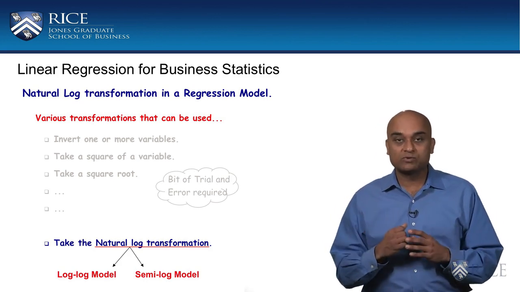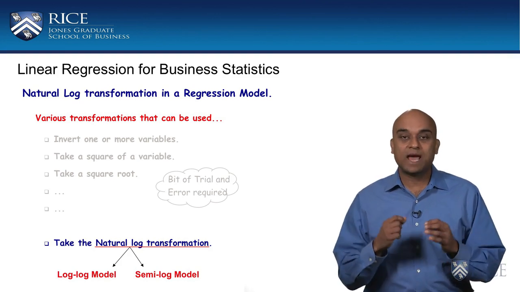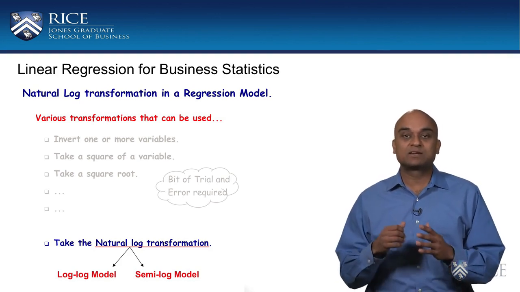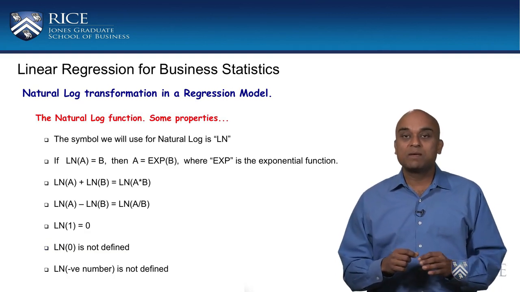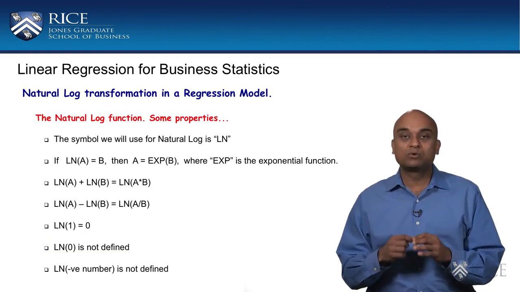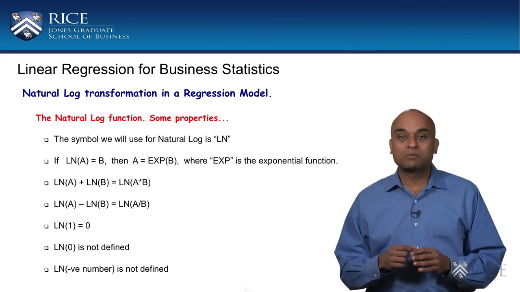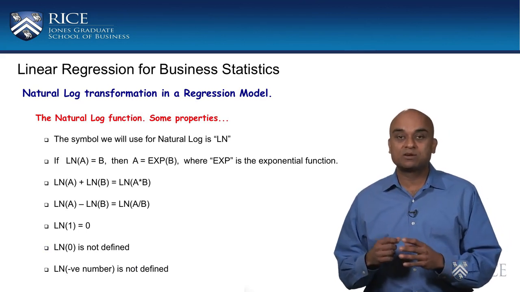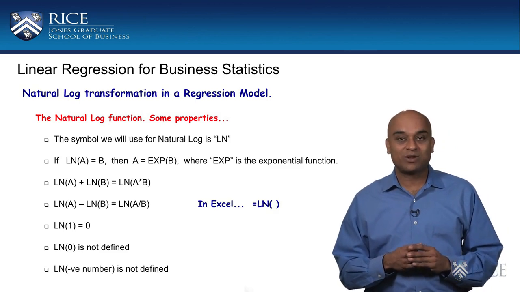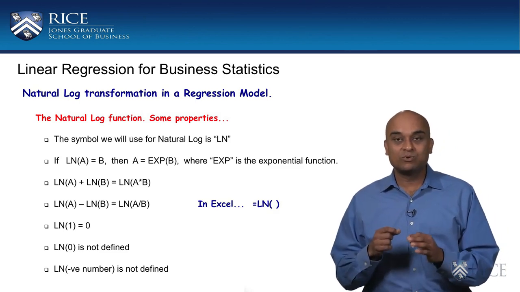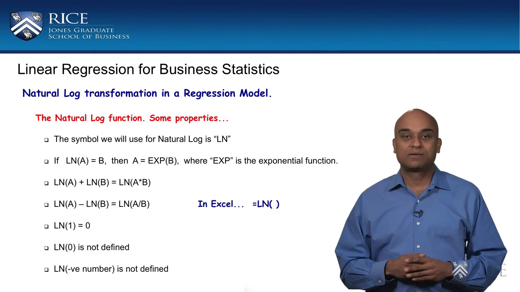However, before we introduce these models, we need to recap some basic properties of the natural log function. They are shown in the visual, and it may be a good idea for you all to review them and come up to speed with the basic natural log properties. The function in Excel to calculate natural log is the equal to LN function.